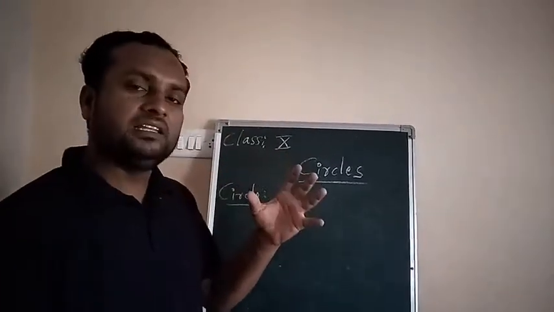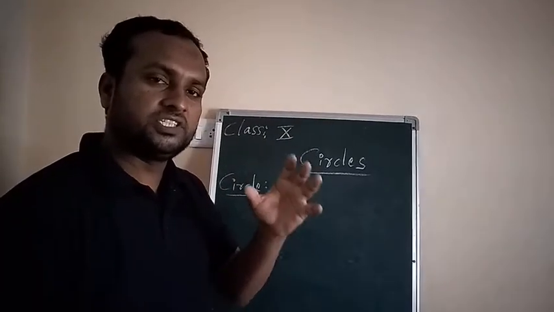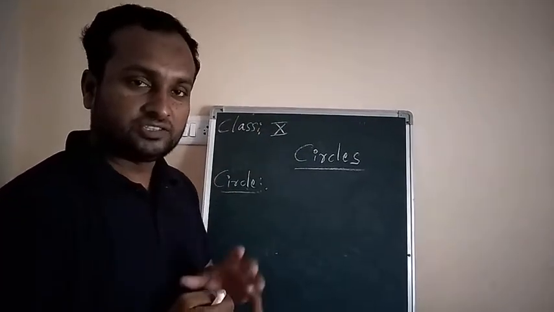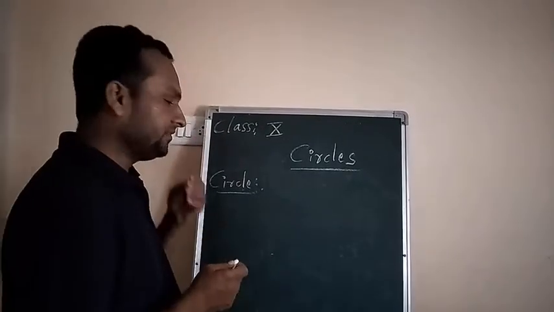Now first see what is the circle. Circle is the location of the points which are equidistant from the center of the circle. Now I'll write the definition.